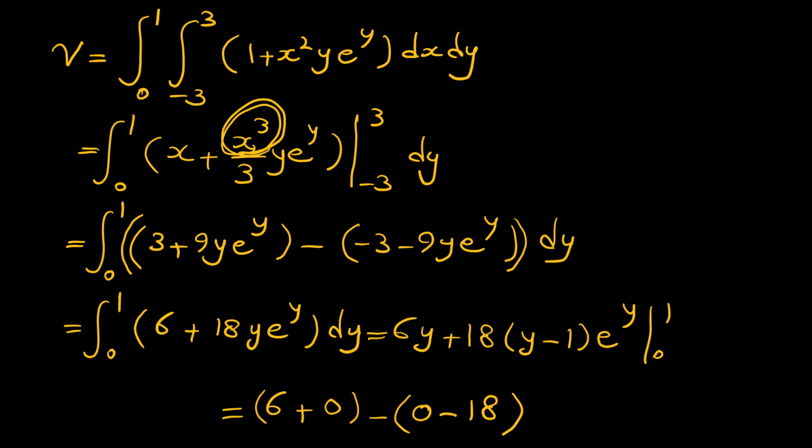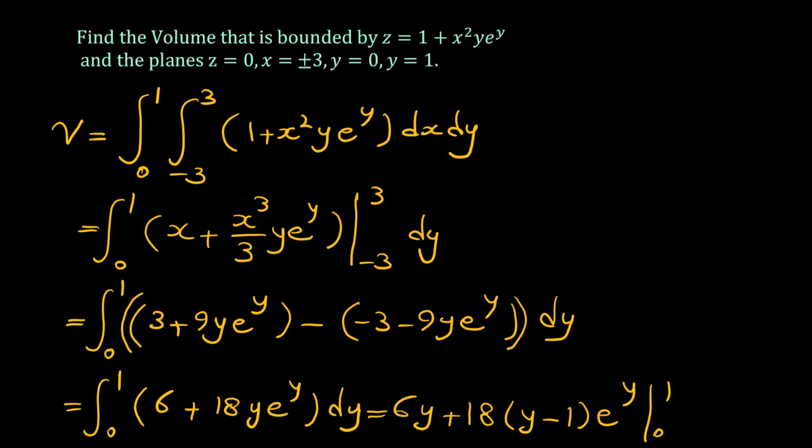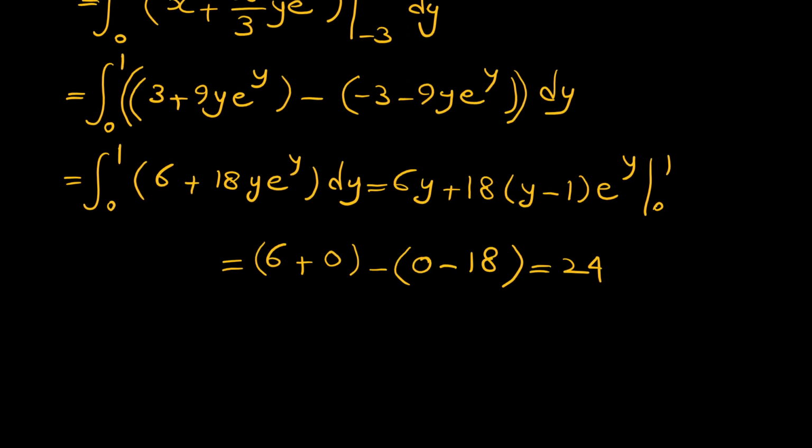If we simplify this, this equals 24. So the volume that lies below this surface and is above this rectangle, the volume of this solid is 24.